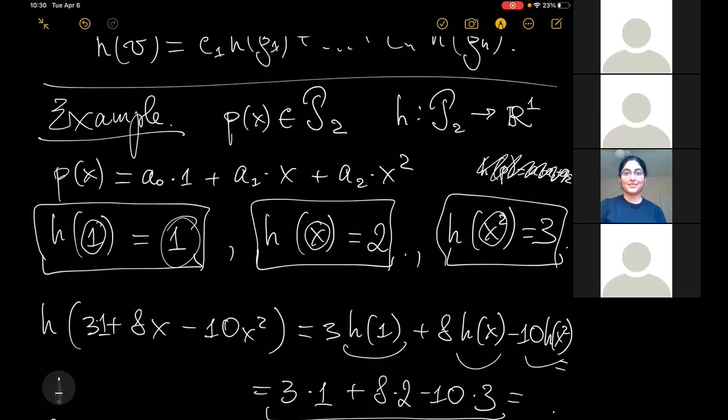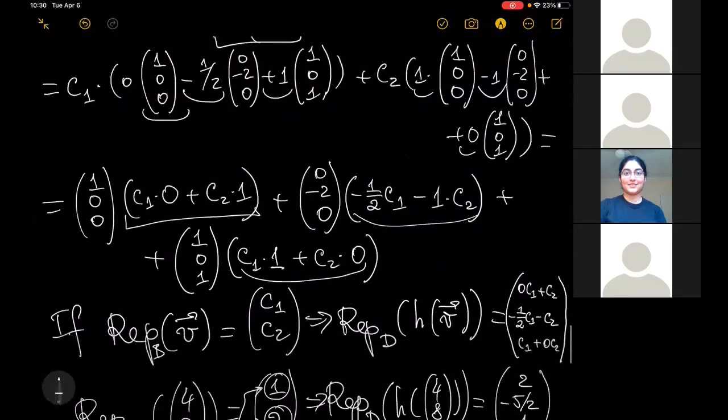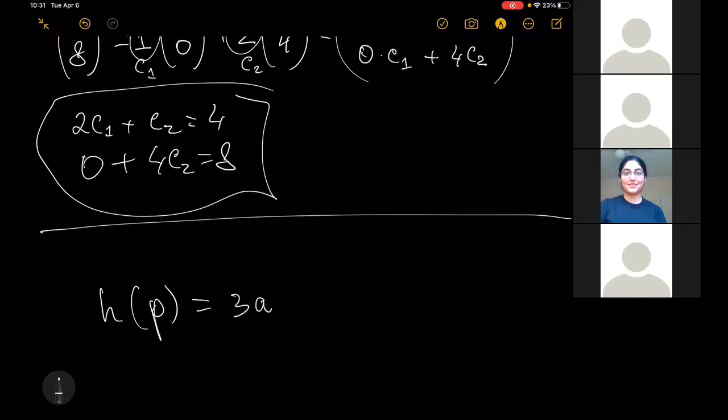No, no, no. First of all, in many cases, you can be given a formula, something like 3a0 plus 2a1 minus 5a2, right? For example, for the polynomial.